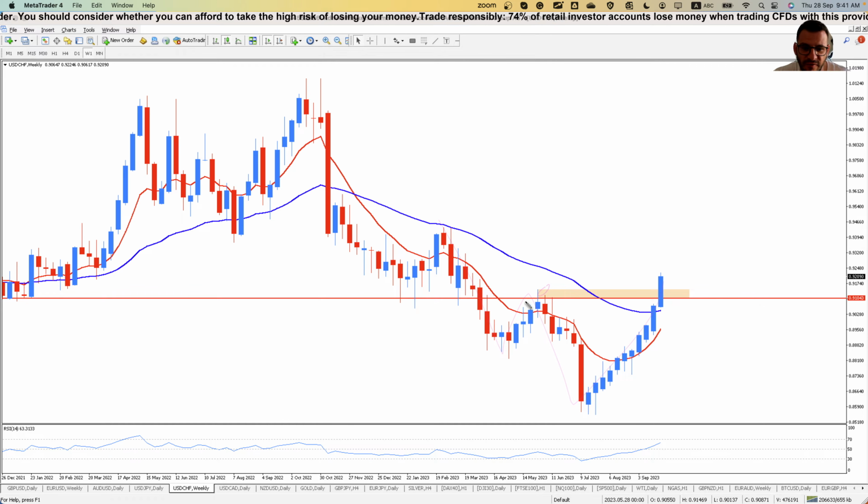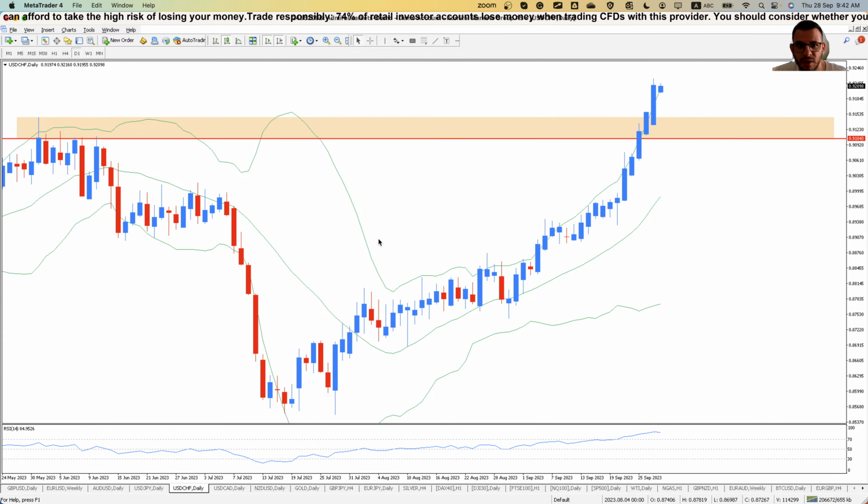Trust me, it's very hard to find good and obvious market structure on the weekly chart because it takes so long. But in this case, we see that price now makes a higher high. It has a defined lower low here, as you see from the drawing. Now a higher high, so we are likely going to look for bullish instead of bearish here.